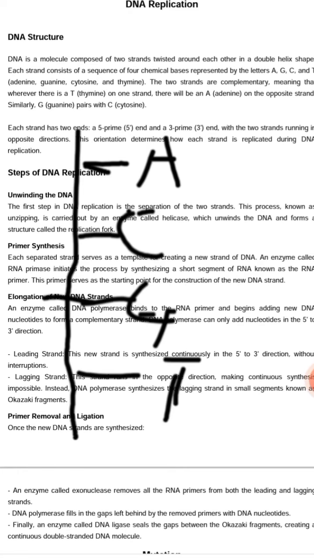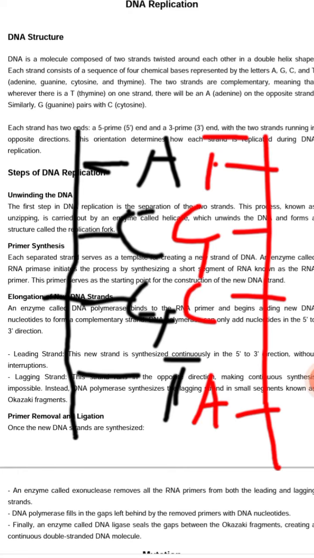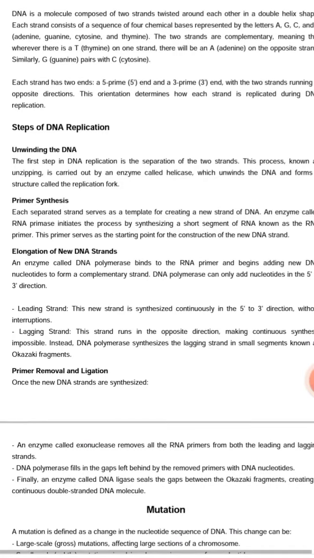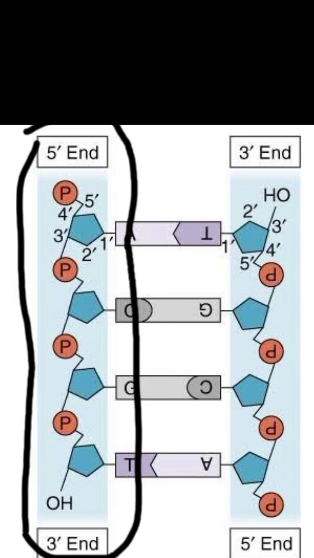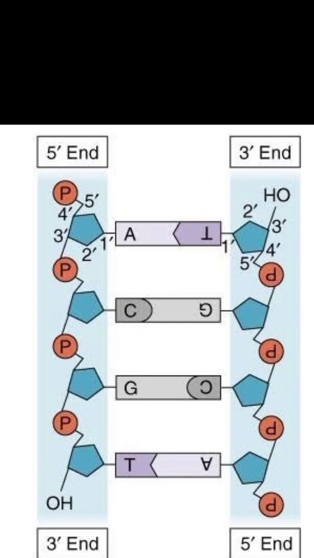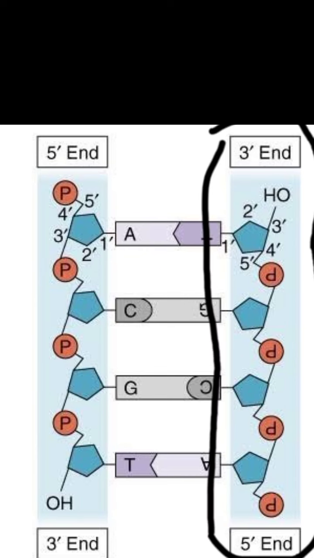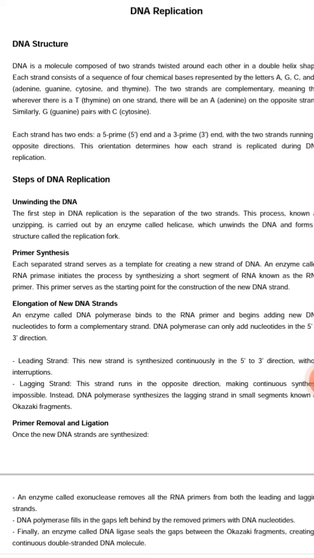I may ask you. So the two strands are complementary. This means that wherever there is a T, there is A, and vice versa, as I've told you for G and C earlier. But each of those strands has two ends. One will normally run from a 5' end to a 3' end, and the other strand will run in the opposite direction, that means from 3' end to a 5' end.